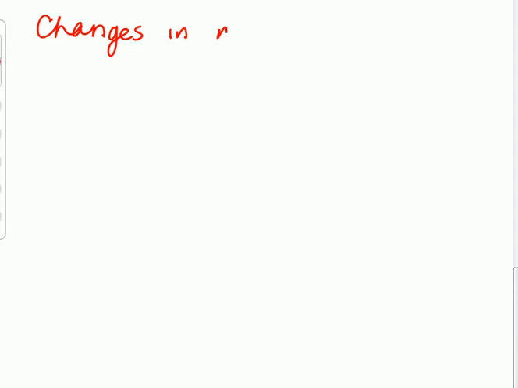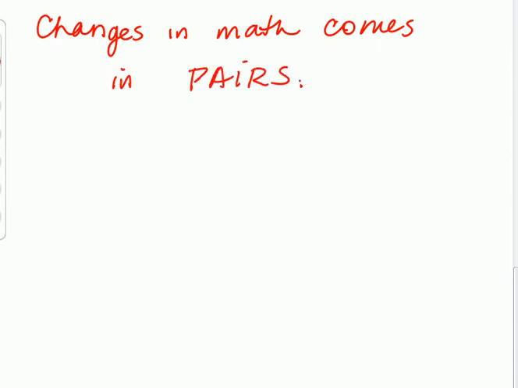Changes in math generally come in pairs. That means if you find yourself changing one thing, you're going to be changing something else. Changes come in pairs in general.